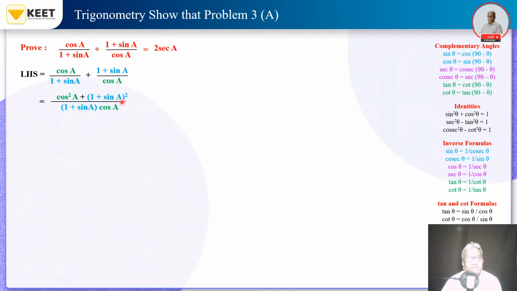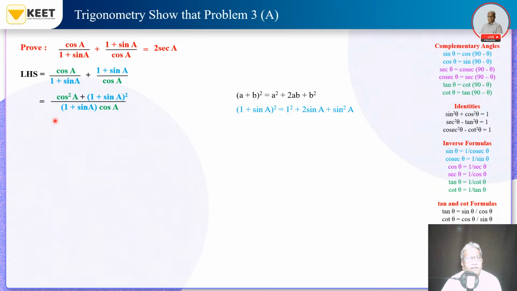For the expansion, you have the formula A plus B the whole square equals A square plus 2AB plus B square. We are interested in expanding 1 plus sine A. So 1 plus sine A the whole square will be 1 square plus 2 sine A plus sine square A. So using the expansion formula, your expansion is ready.